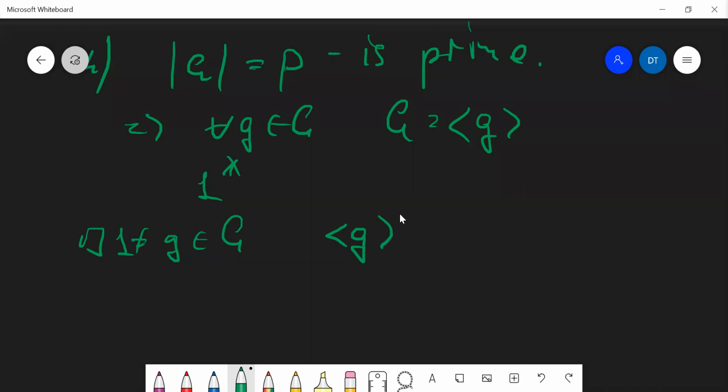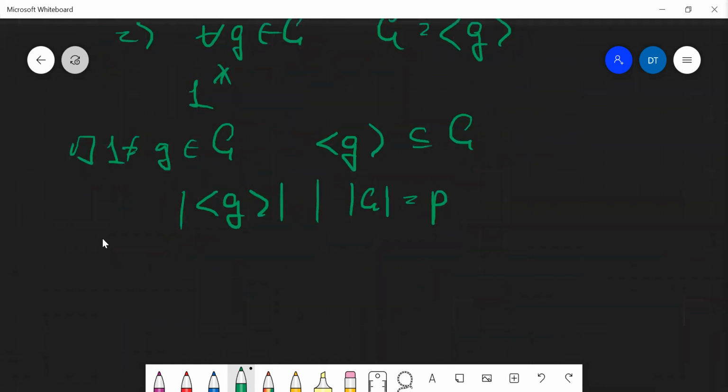First of all, this is a subgroup inside G. So because of the Lagrange theorem or any other previous item, we know that the order of this cyclic subgroup must divide the order of G, which is prime. So we have actually only two options. Option number 1 is that the order of this subgroup is 1. Option number 2 is that the order of the subgroup is p.